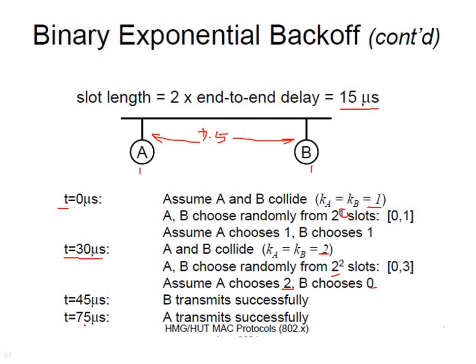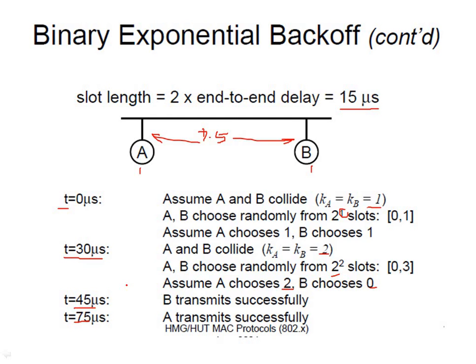So the slot is changed. Slot 0 will be taken by B and A will take the second slot, that is the third slot. So accordingly, at 75 microsecond A will transmit successfully and at 45 microsecond B will transmit successfully.